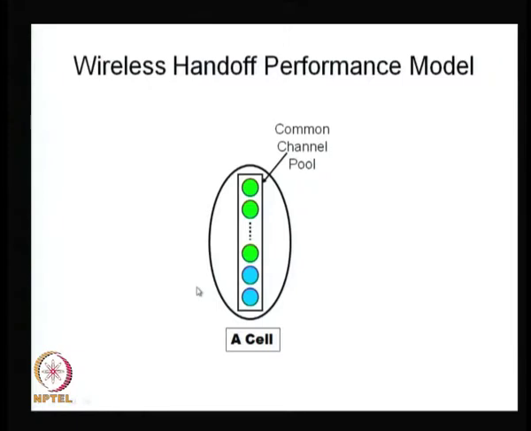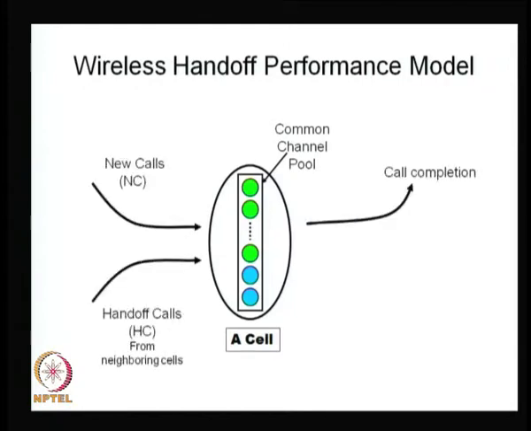In cellular or wireless networks, our interest is to study the performance analysis. Suppose you think of bandwidth as channels. Whenever a call originates, it uses one channel in the cell for the communication.